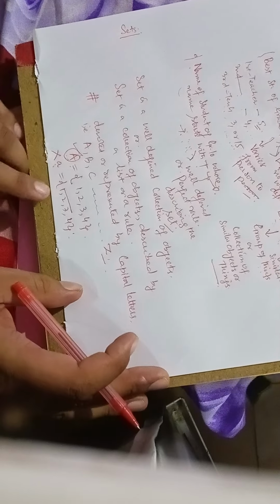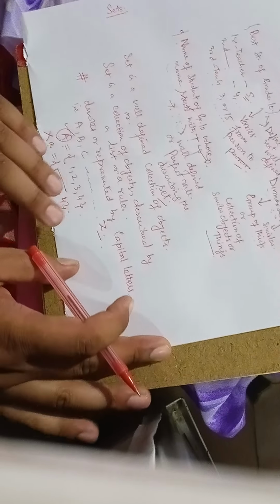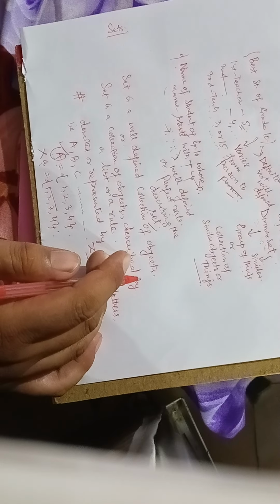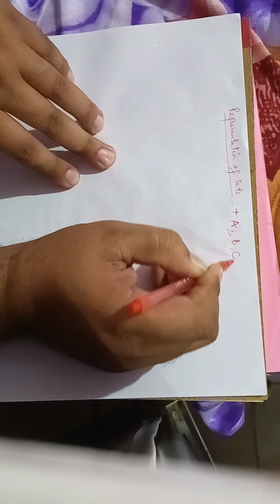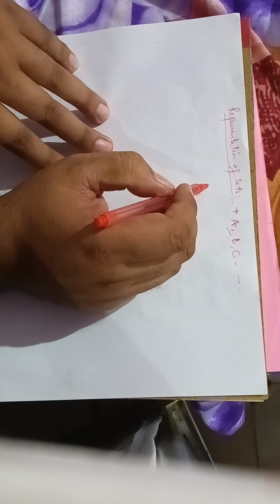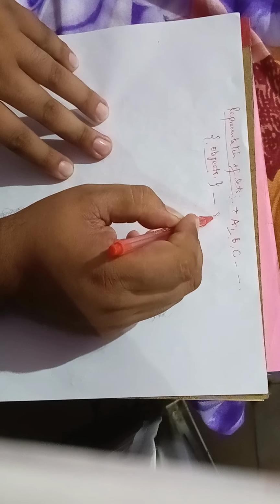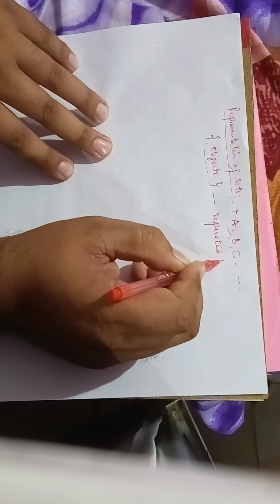Now coming to the second part, the representation of sets, how we will represent the set. First, we know we denote sets by capital letters like A, B, C and so on, and we have the elements, the objects, in the set. These objects are written in curly brackets, separated by commas.